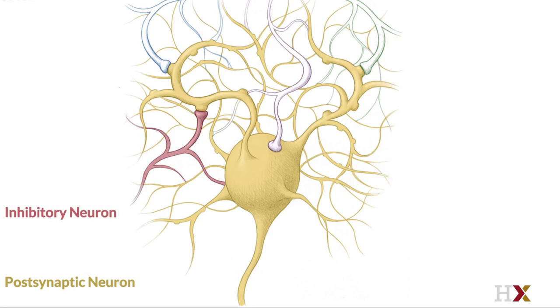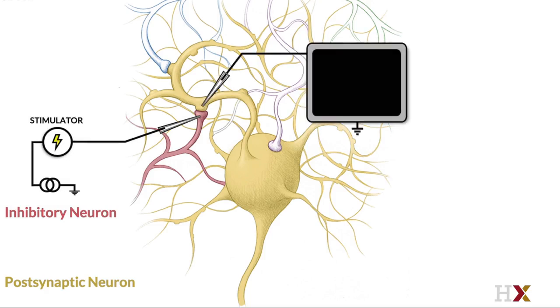Like the blue excitatory neuron, the red inhibitory neuron also makes a synaptic connection to the yellow postsynaptic cell. Again, let's place a stimulator electrode in the presynaptic terminal and a recording electrode in the postsynaptic side. Let's see what happens to the membrane potential of the postsynaptic neuron if we stimulate the red inhibitory neuron.